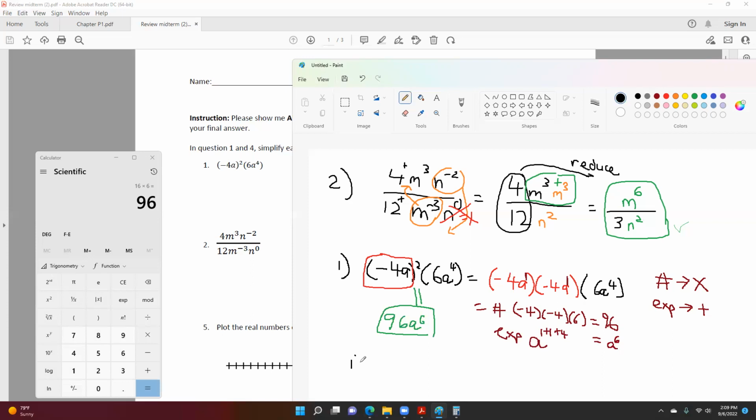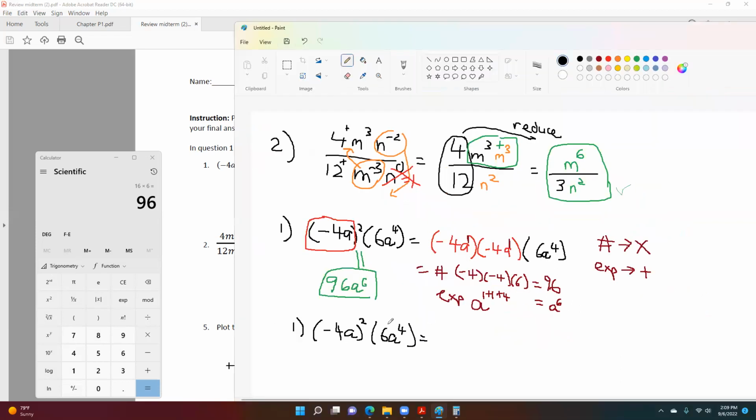Another way, there are a lot of ways to do this. I will recommend this way, because the chances of you making mistakes in the way that I showed you are a bit small. The other way is you distribute, because we do have properties for exponents that if you have a power, you can distribute it.